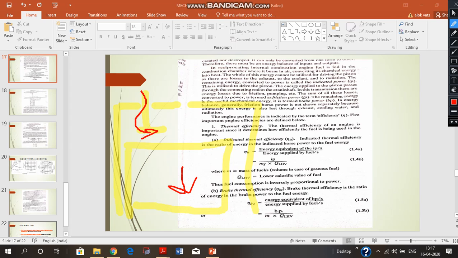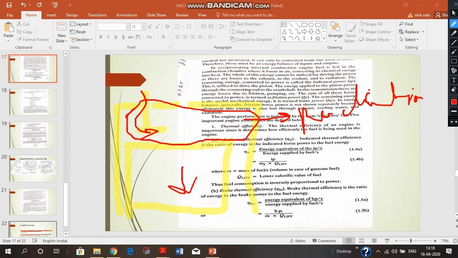But the entire energy content of the fuel which the fuel delivers while burning, or during combustion, does not get converted into the effective power. Some of it gets lost as the radiation losses, while some of it also gets lost as the exhaust.